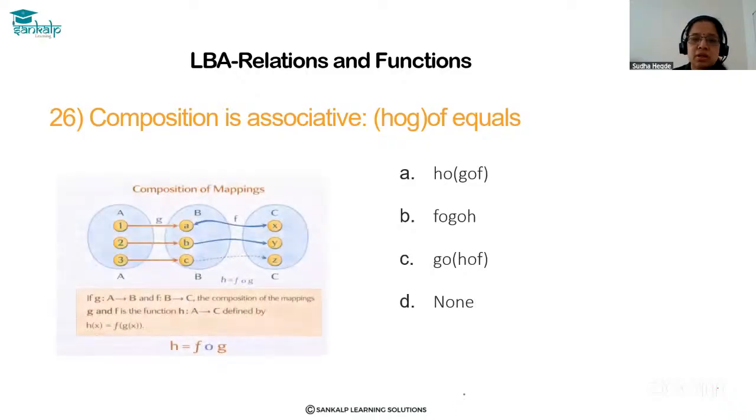So let us check. What do you mean by associative property? In general, not with respect to composition. How do you define the associative property?